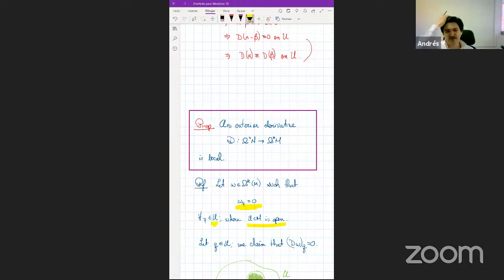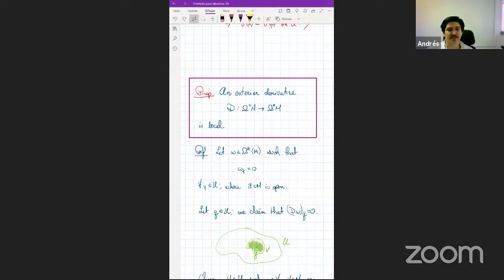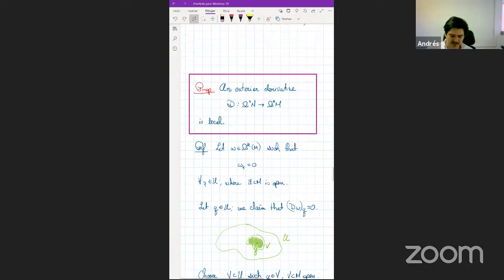I want to prove that the derivative at any point on the open set is also zero. We want to prove this for any Q in U, right? That's the definition of local. So you have U, an open set, pick any Q, and take a neighborhood of Q. We will call it V, an open neighborhood.